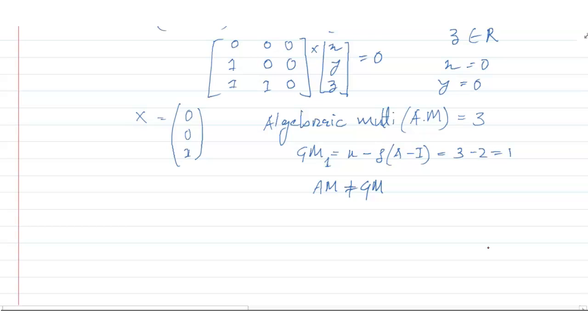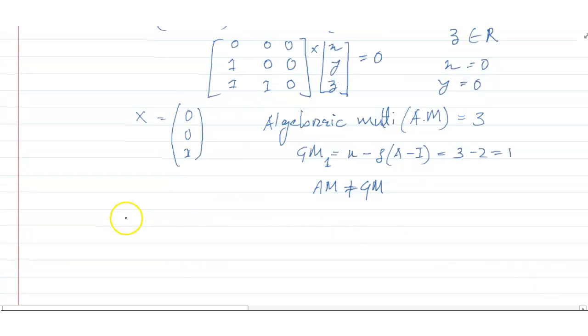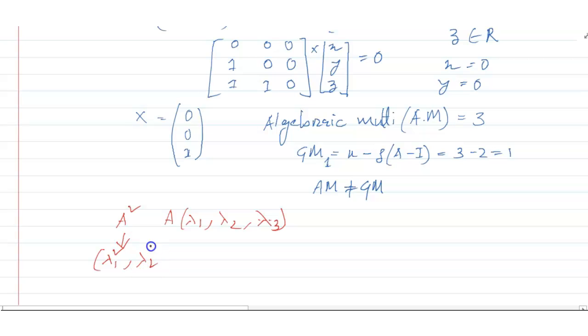So friends, you see that if A has eigenvalues lambda 1, lambda 2, lambda 3, then A square has eigenvalues lambda 1 square, lambda 2 square and lambda 3 square.